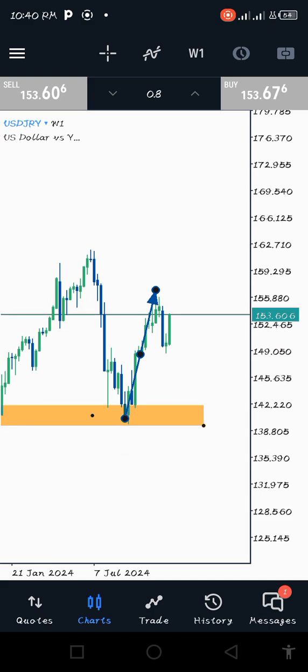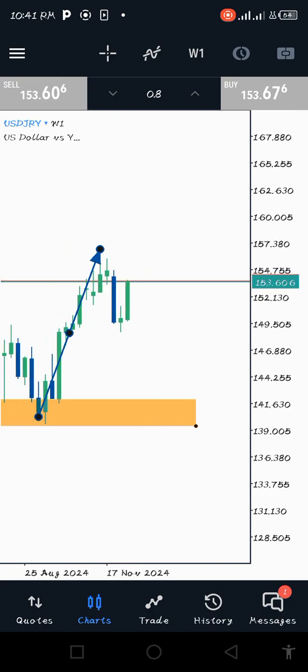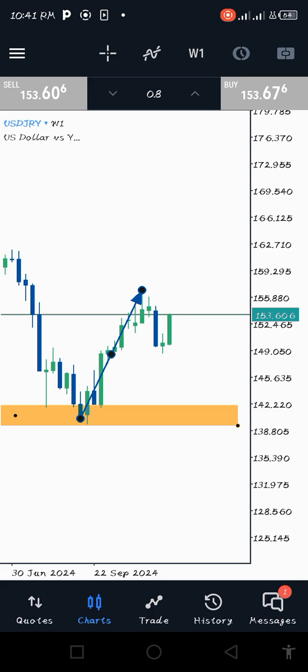Price moves in waves. Price moves up in waves. So that was our first wave from the zone.